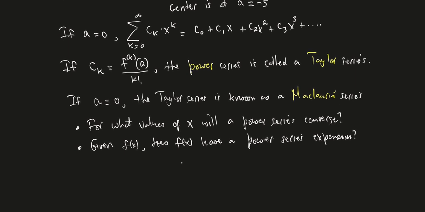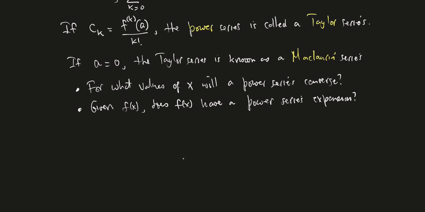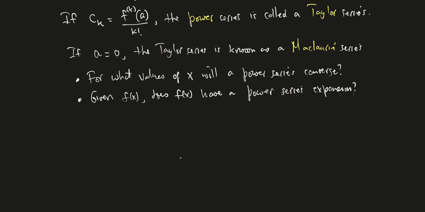Now, there's a theorem that explains basically there are three possibilities for a power series. And we saw two of those possibilities in the visualization that I previously did with Maple.